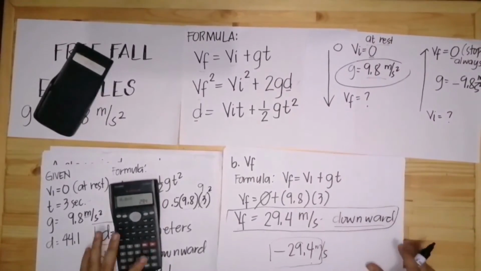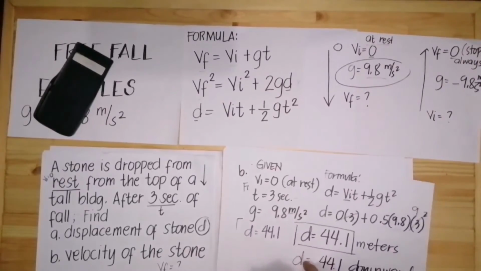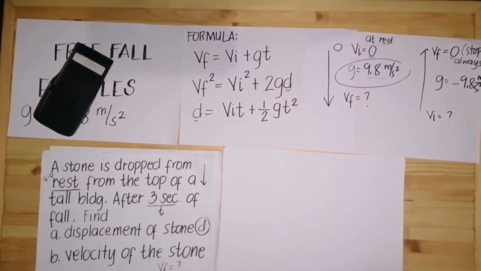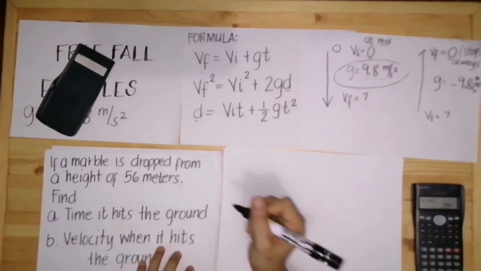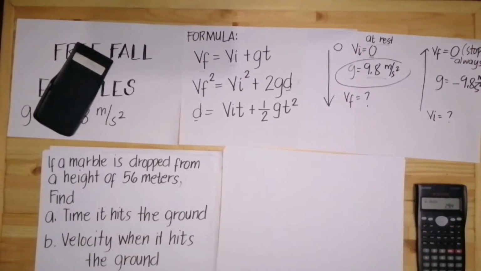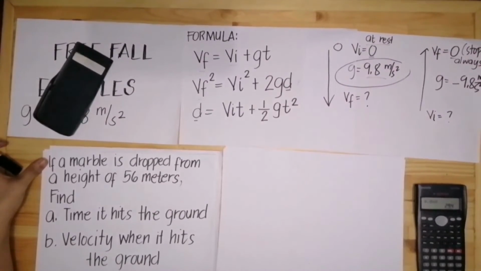So, next, let's have the second example. We're done with this. Second example, let's have this. If a marble is dropped from a height of 56 meters, find the time it hits the ground and the velocity when it hits the ground. So let's have the given.